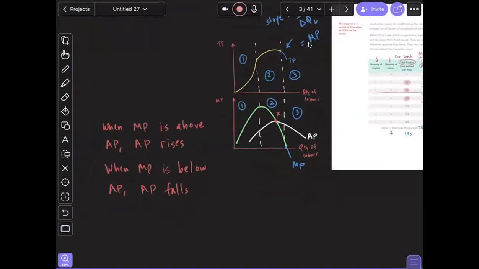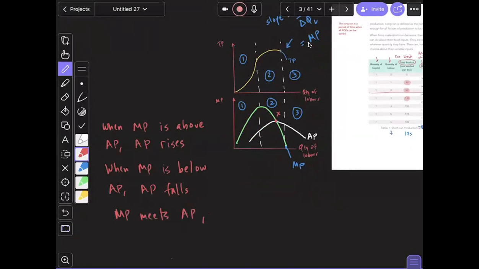And the third thing to notice is that MP meets AP at AP's maximum point. So three things we want to talk about.